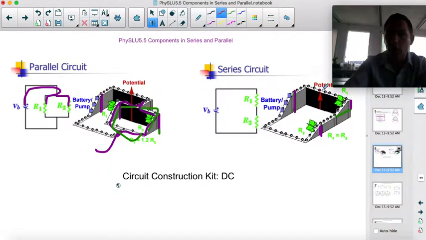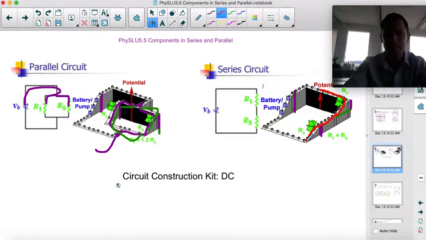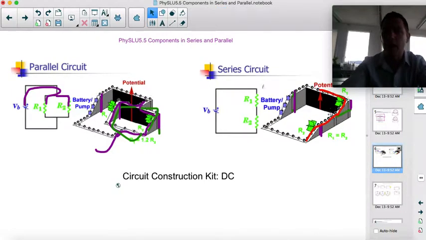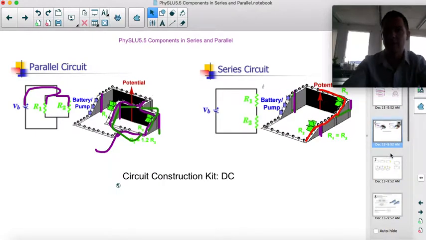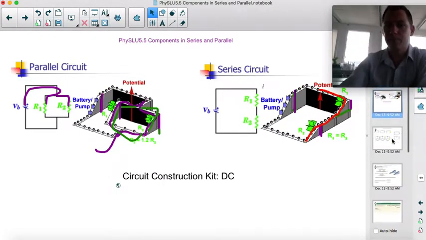Here you have all of the flow going through this resistor and also this resistor. So I sort of think about it as a current flowing through a series of tubes that narrow and constrict. There are some drawbacks to that, but we'll talk about those.